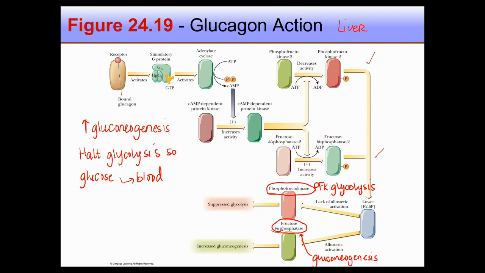Remember, there are several different enzymes that are used to reverse the process, and in those steps in glycolysis that had a very negative delta G, they can't go backwards, so the enzymes are different, and that's one spot, right? Because phosphofructokinase, step 3, is very exergonic, so the reverse process uses a different enzyme.